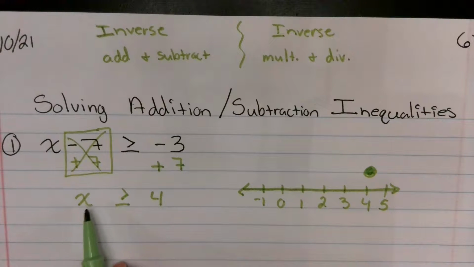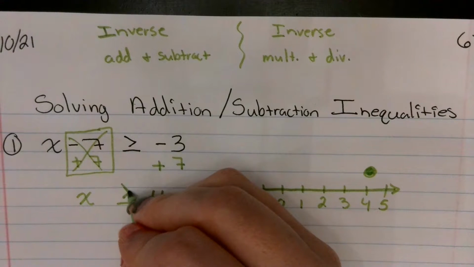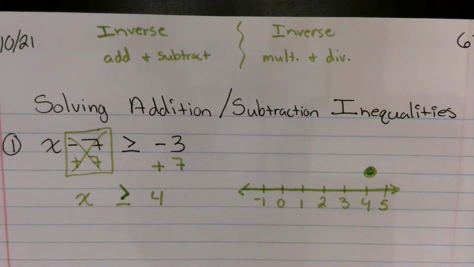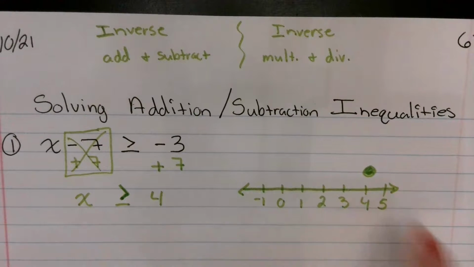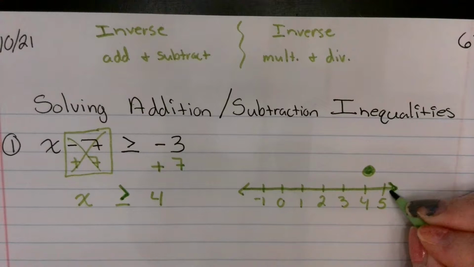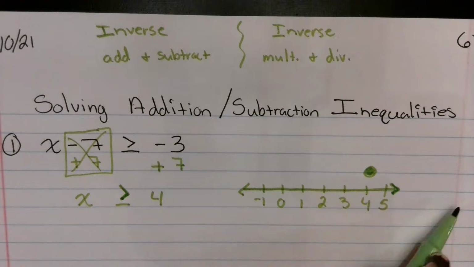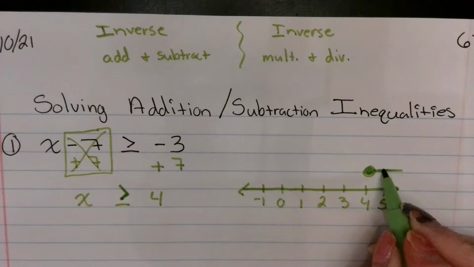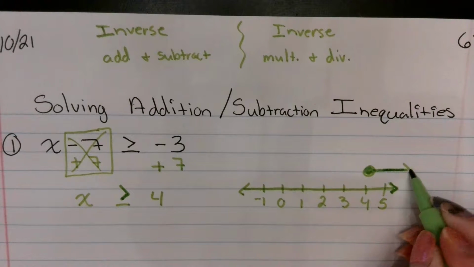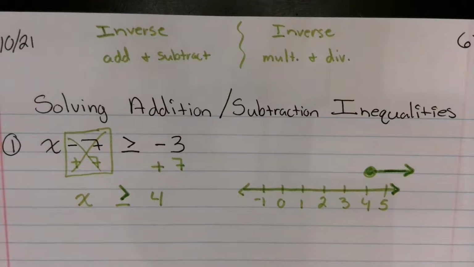And because my variable is on the left side, my inequality symbol looks kind of like an arrow. This is the same thing as this arrow right here, isn't it? So I know that I need to follow that direction. I'm going to draw and shade in that general direction. And that represents that every number beyond this point is going to be a possible solution.